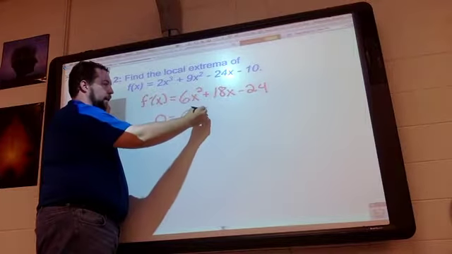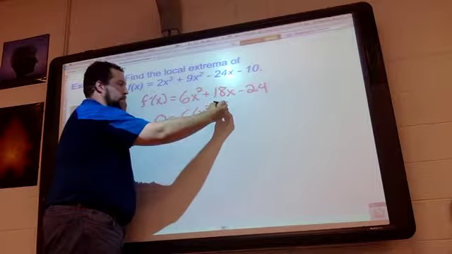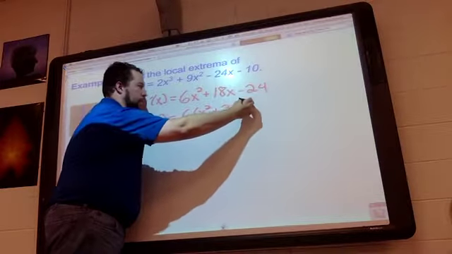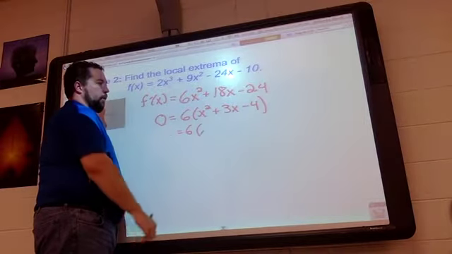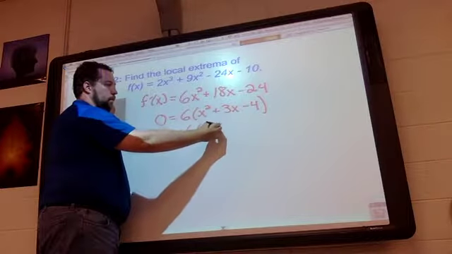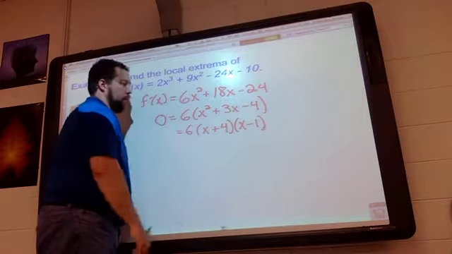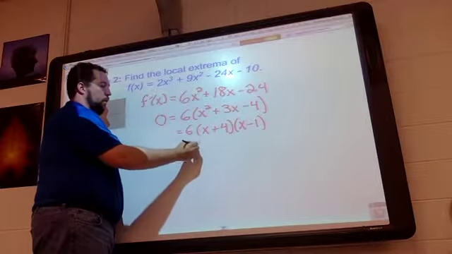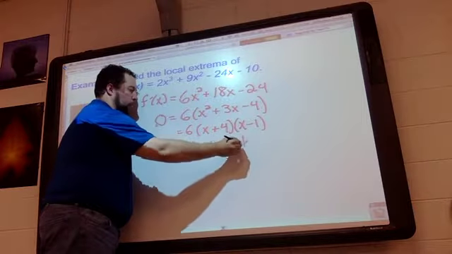That'll make factoring the quadratic trinomial easier: x squared plus 3x minus 4. This gives us x plus 4 times x minus 1. So our critical numbers are negative 4 and 1.